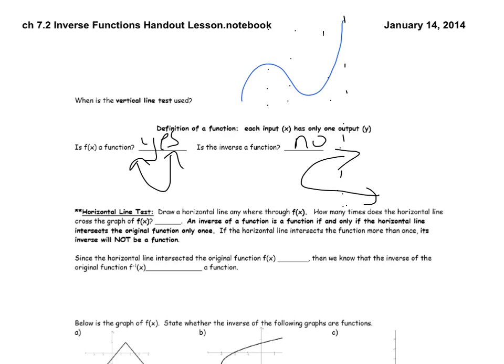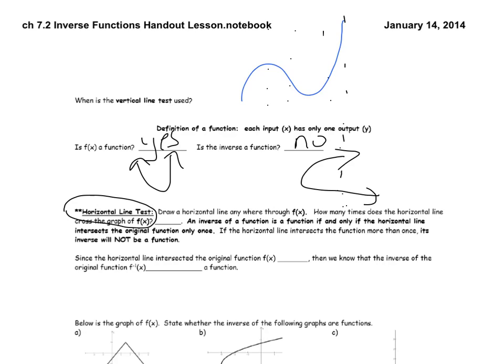Think about what happens with an inverse. They're all x's, they become all y's. What would we want to do if we wanted to test if something's inverse was going to be a function without actually graphing the inverse? Well, the vertical line, all the x's, is going to become a horizontal line, all the y's. That's the horizontal line test.